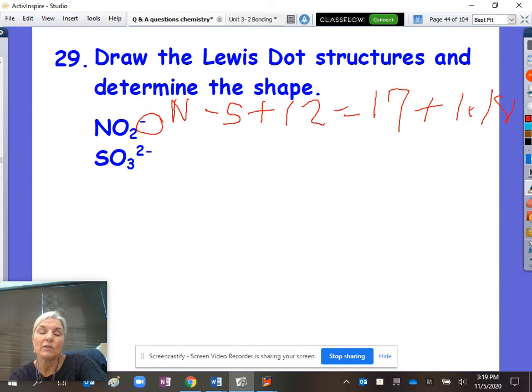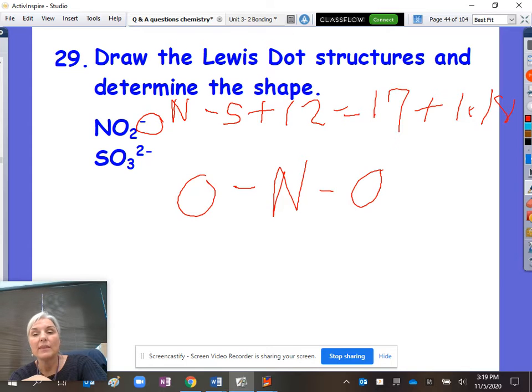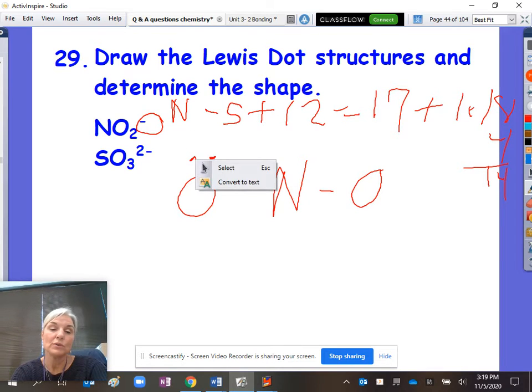All right, so now to draw this, we put the one that's by itself in the center. We connect our oxygens to the N. And then we've used up 4 out of the 18. So now we're down to 14. And so we're going to make an octet on the outside first. So that's 1, 2, 3, 4, 5, 6.